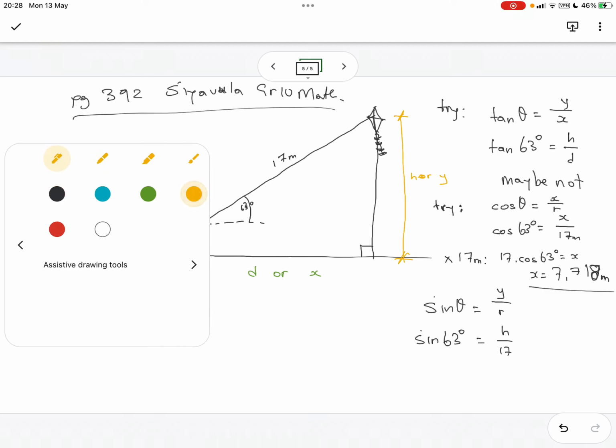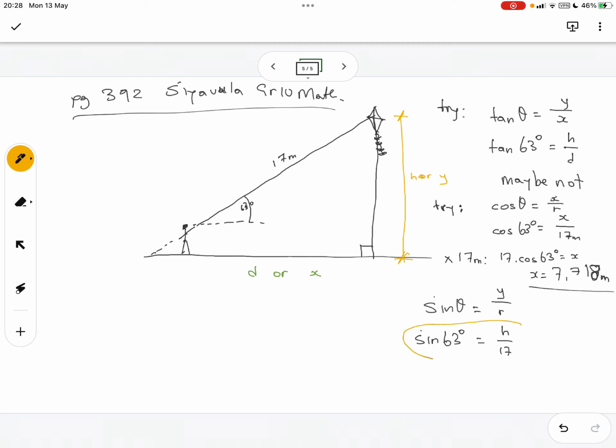Like in this case, we want to make h the subject of the formula, because before, we wanted to make x the subject of the formula.